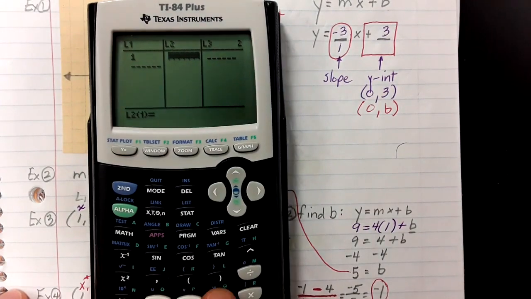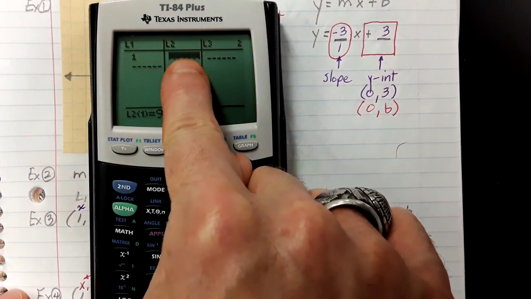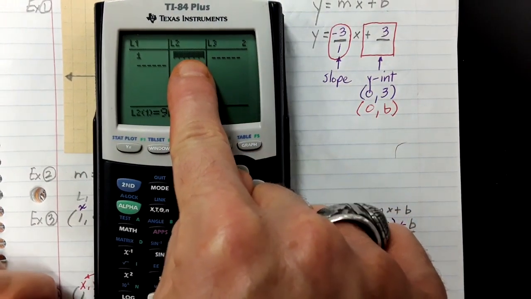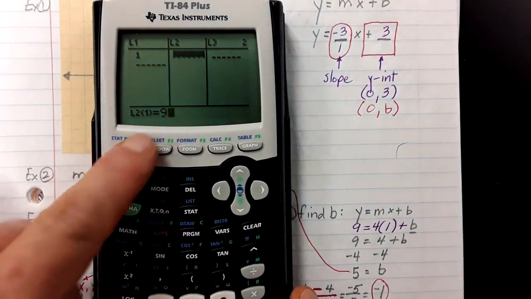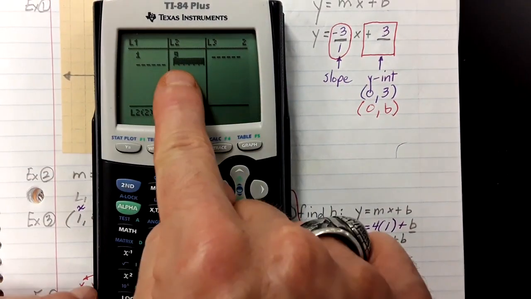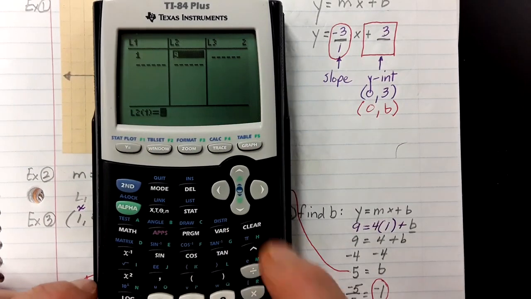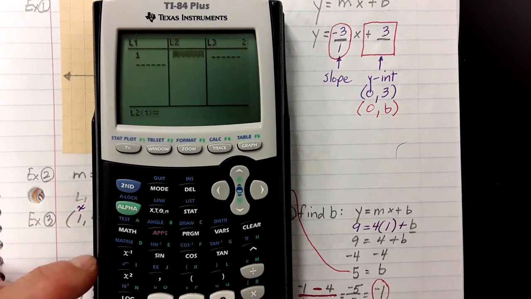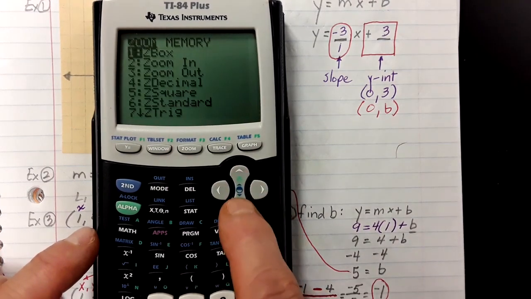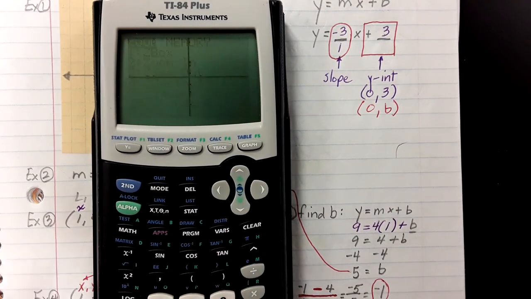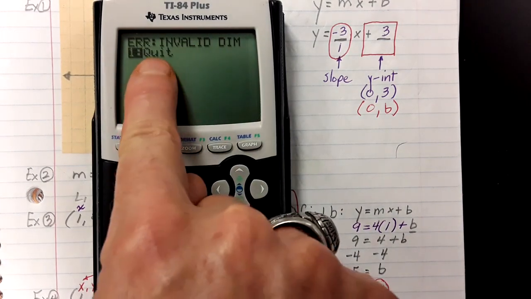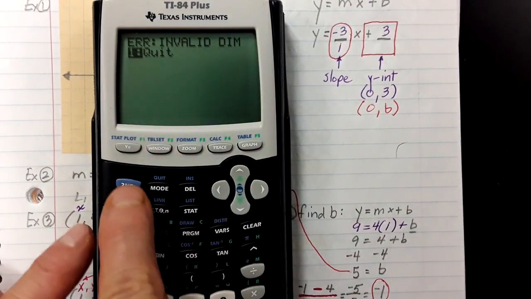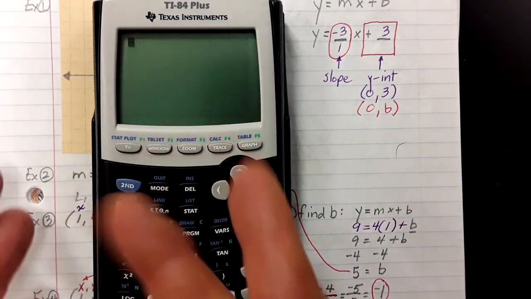What happened is she put a 9 there and forgot to hit enter. She put the 9 in right here, but she has to hit enter because she didn't have this in. When she went to zoom standard, this is what happened. It gave her a quit.